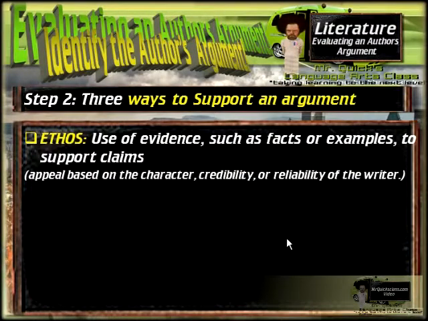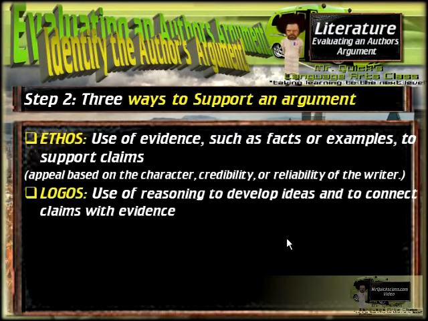Because when you do it this way, you are presenting the facts in an open way. You're letting the reader know what exactly the facts are, so they can determine whether or not the facts support what you're saying. And so this is a very by the book way of presenting evidence.